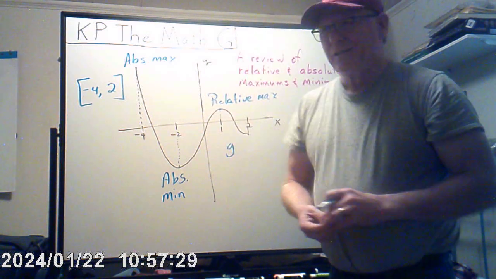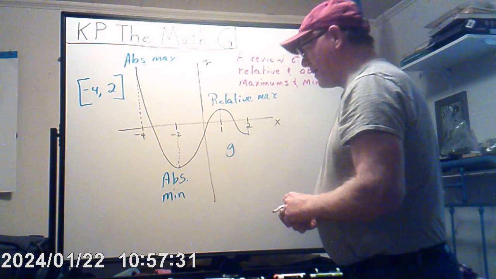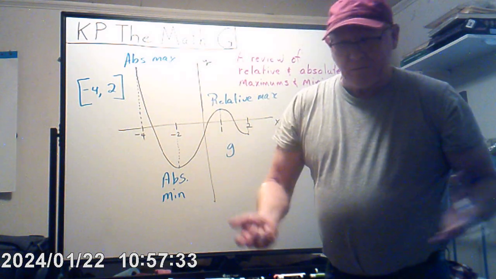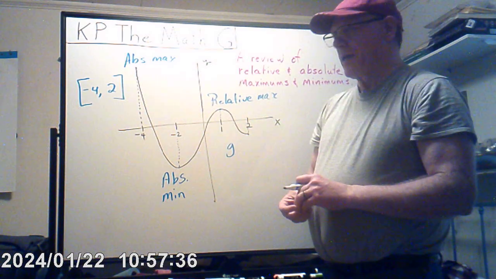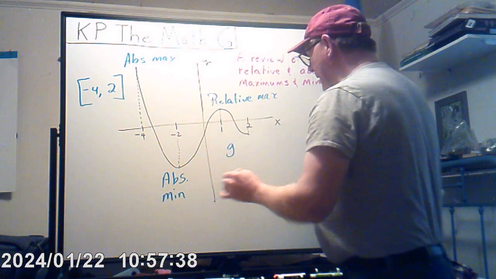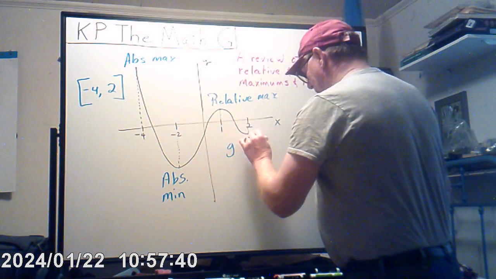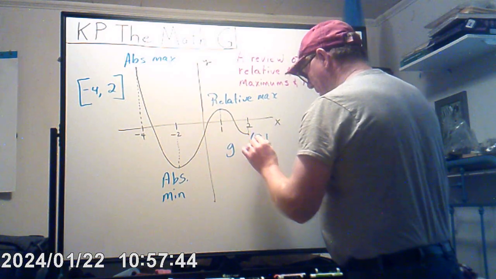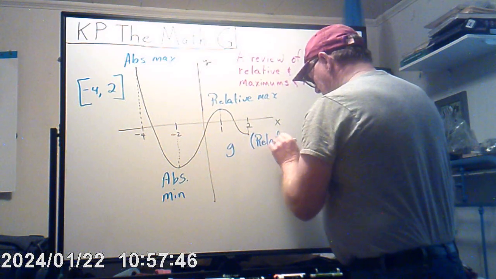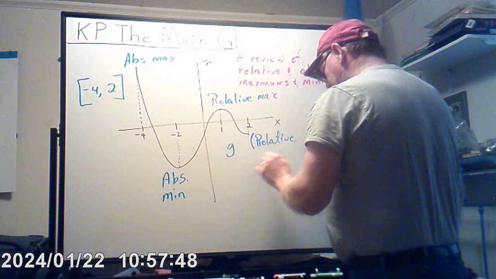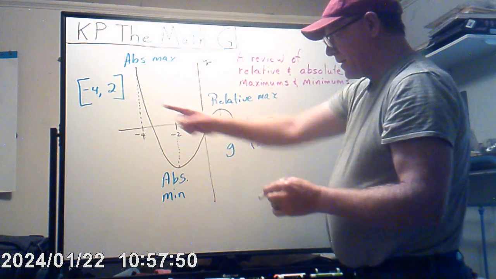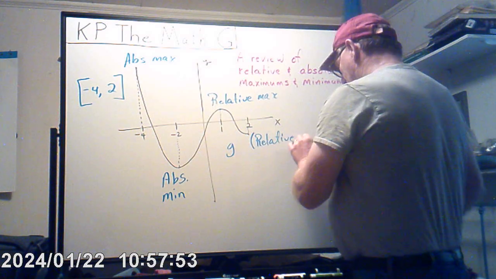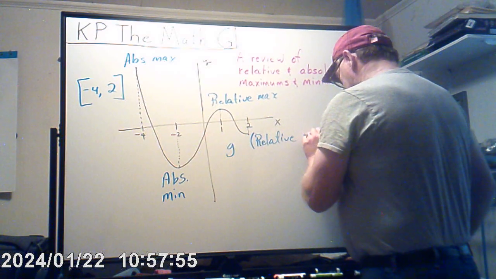In what I've been reading recently, this is considered a local or relative min. Now you can't take the derivative, but we're talking about the closed interval. It is a relative min.